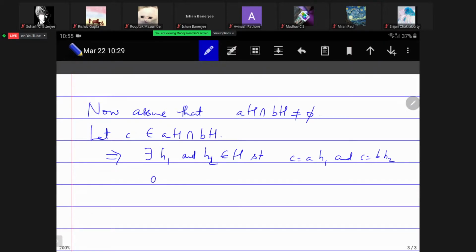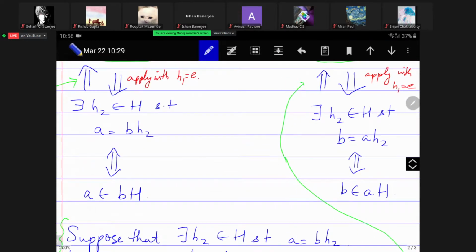This means that A, which is CH1 inverse, is BH2H1 inverse, which is inside BH, and B is CH2 inverse, which is AH1H2 inverse, and this is inside AH. So we just showed that the assumption that AH intersect BH is not empty implies that A is inside BH and B is inside AH. And then we argued earlier that once we show that, we can get the desired conclusion.